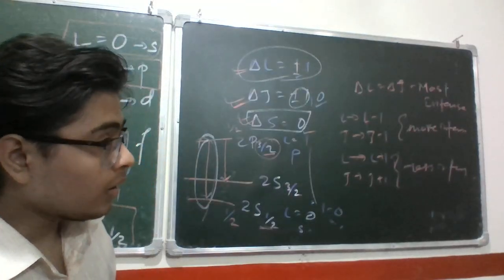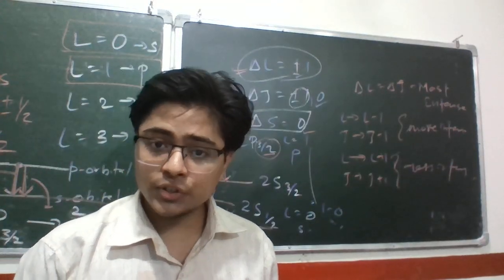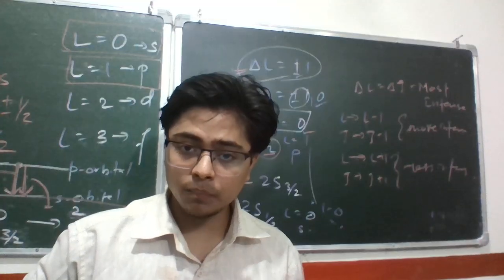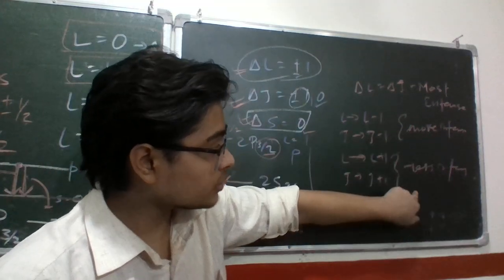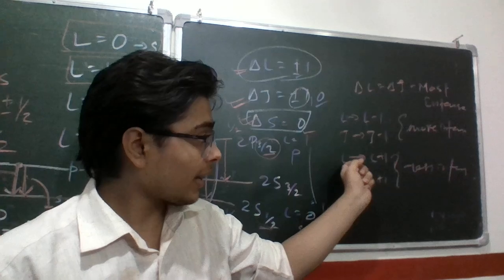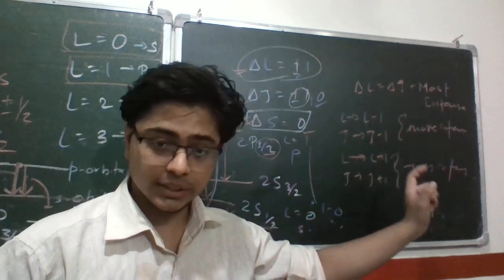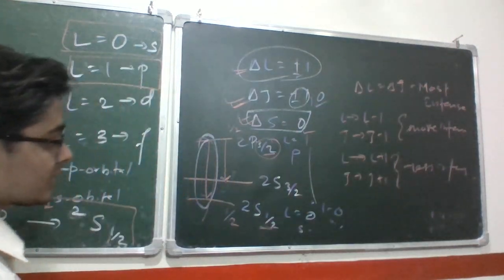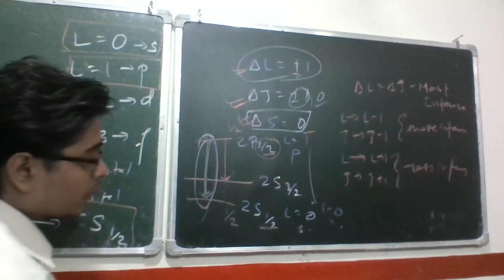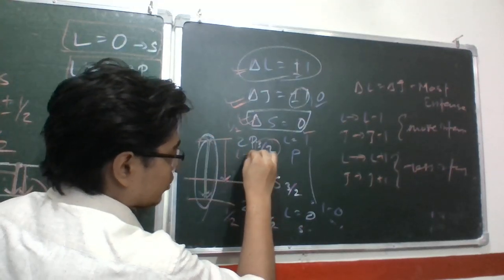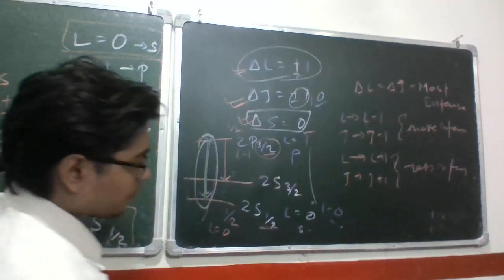Similarly, those spectral lines for which the value of L decreases are more intense than those for which L or J increases. That means if you see this spectral line, you can see L equals 1 to L equals 0.